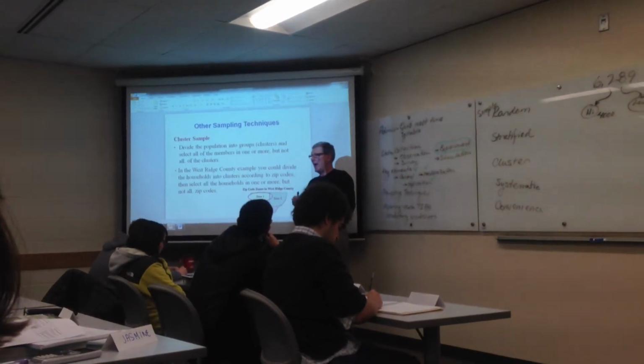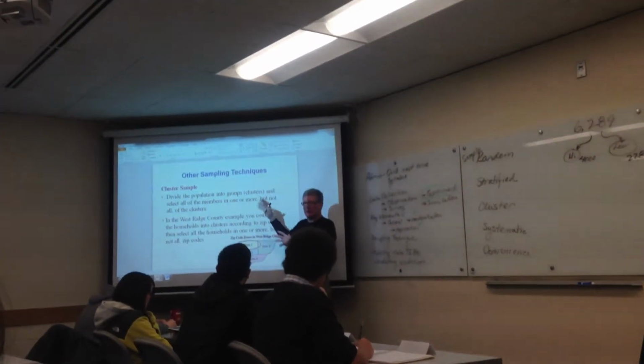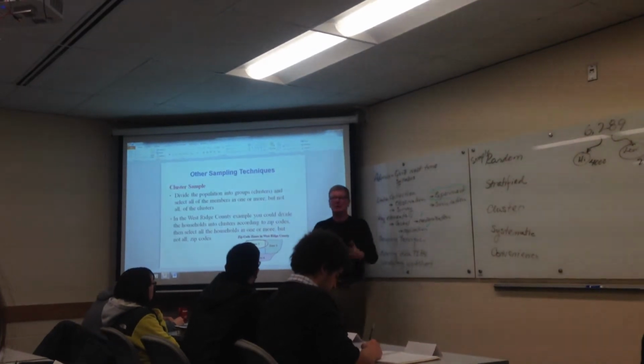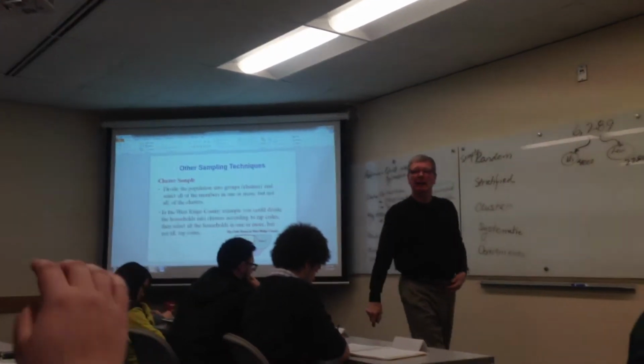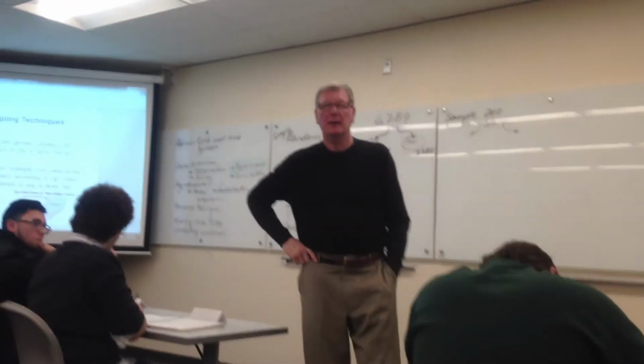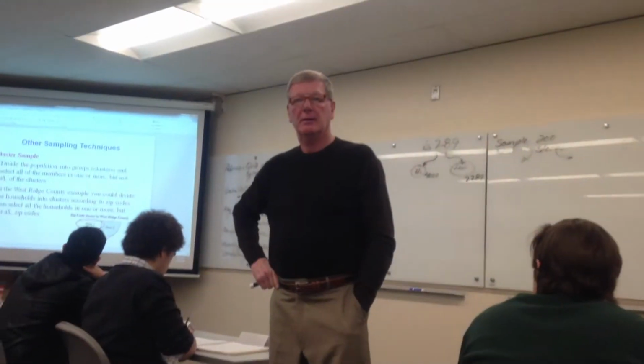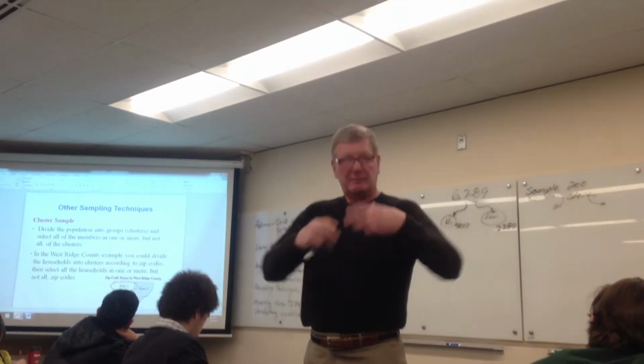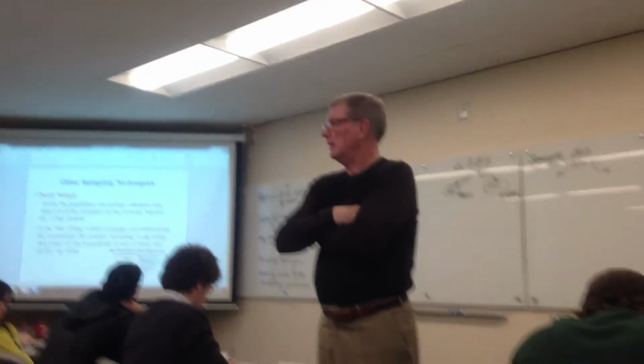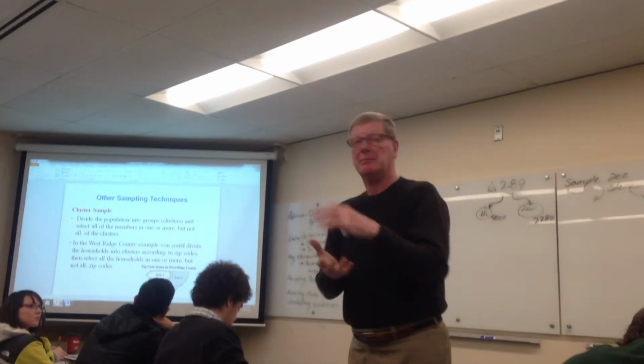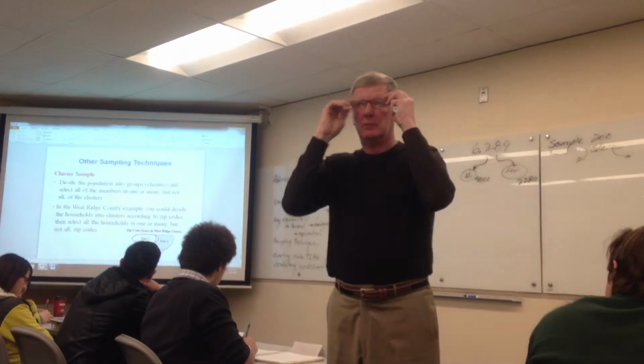And somebody describe how, with our McDonald's example, that might be executed. Yeah, Kylie? Pick a few states and use every McDonald's in that state. That's the idea. In other words, what Kylie said is the cluster might be a state. Okay, so there's 50 states.